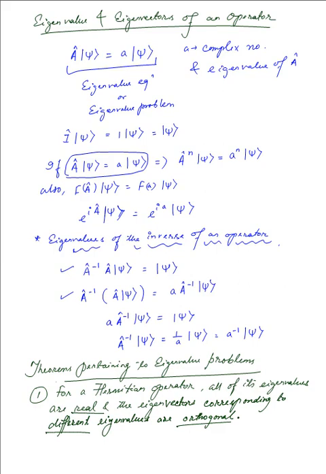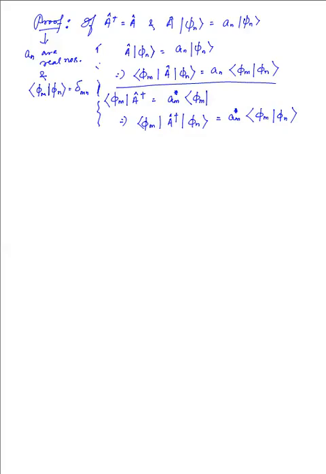So let's try and prove what we have just said. If we have A as the Hermitian operator and it operates on a state phi n to give us the eigenvalue an times phi n, where an are the eigenvalues for those n terms.